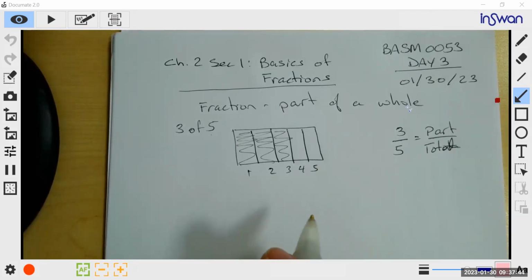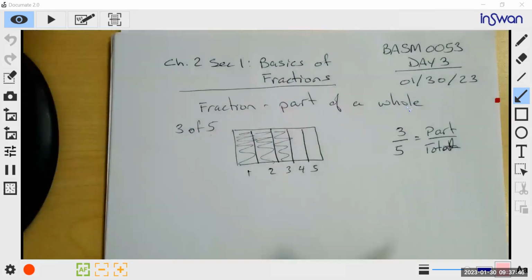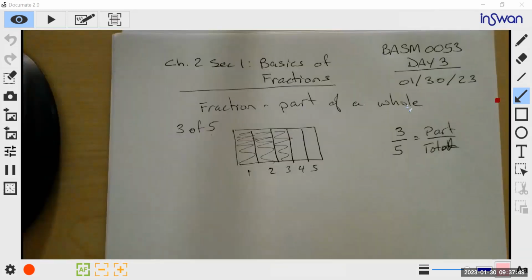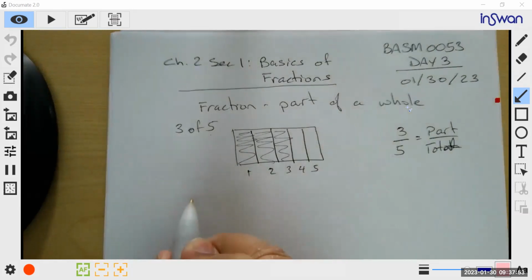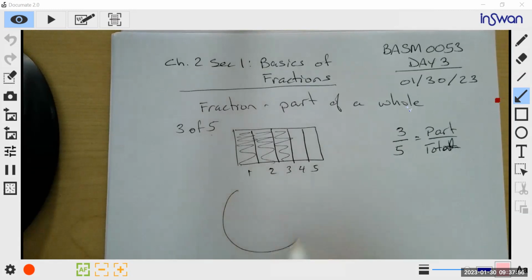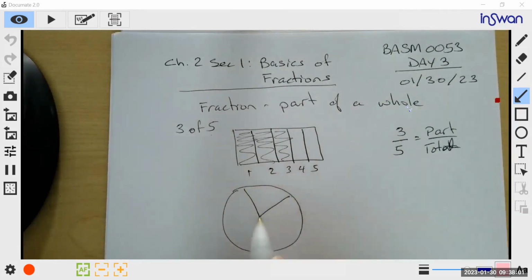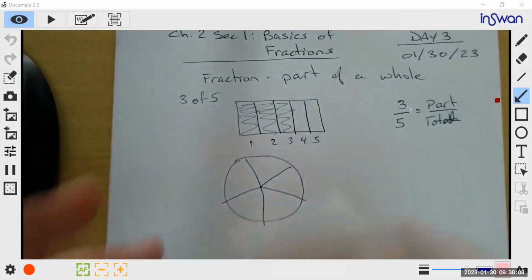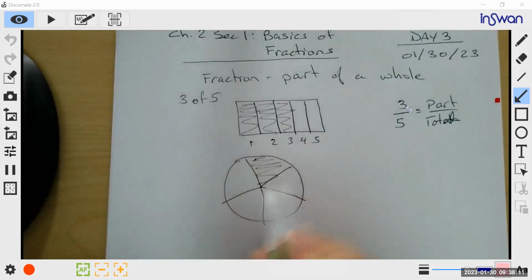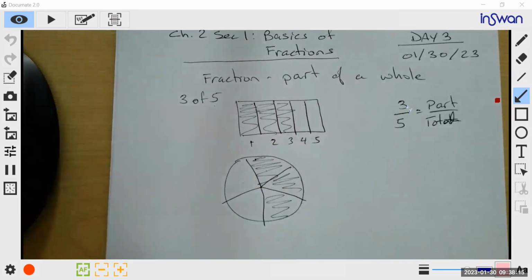fractions represent parts of an entire picture. So it's part of a total. No matter what the object or shape is, you still just shade 3 pieces out of 5.